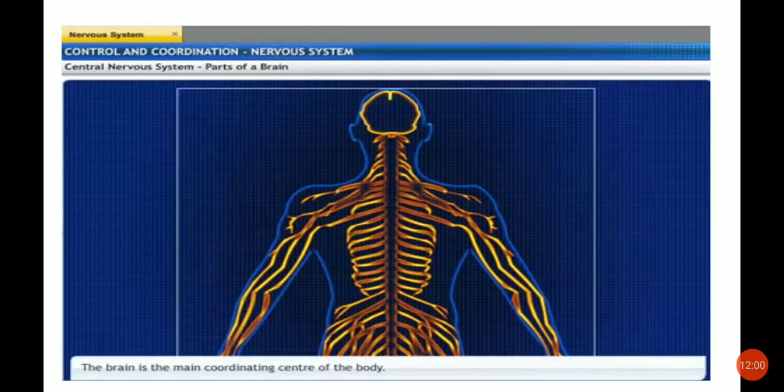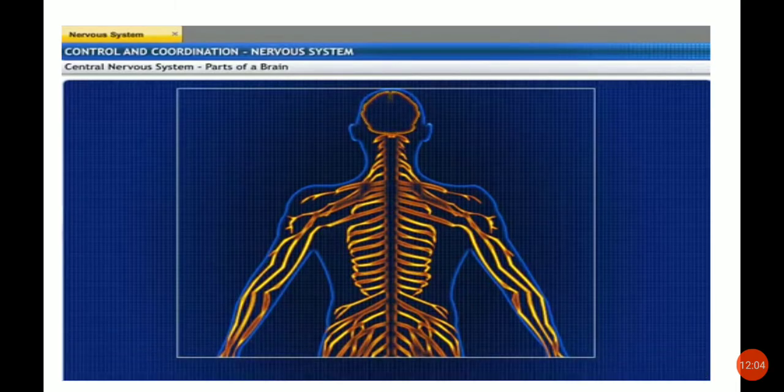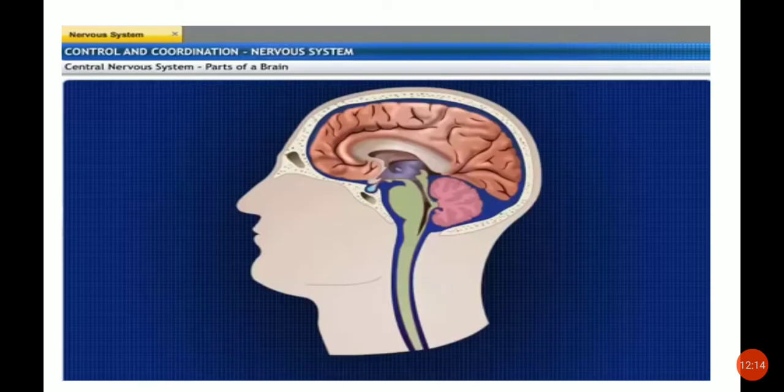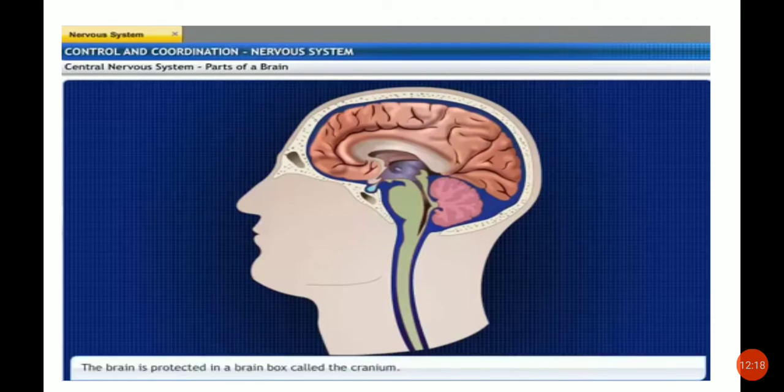The brain is the main coordinating center of the body. It is a relatively small organ and constitutes about 2% of our total body weight. The human brain is a delicate organ and protected in a brain box called the cranium.